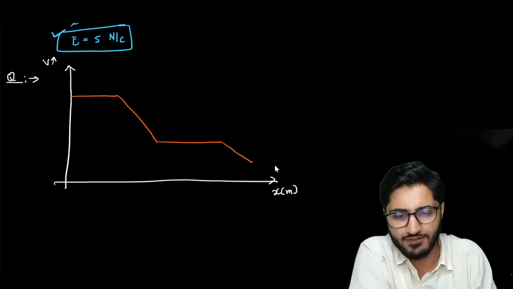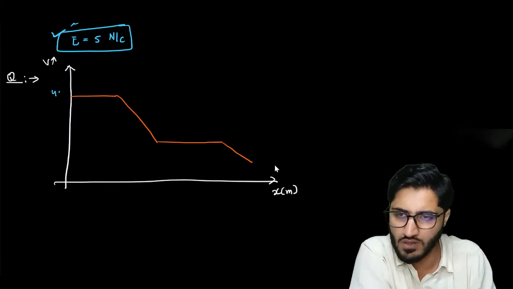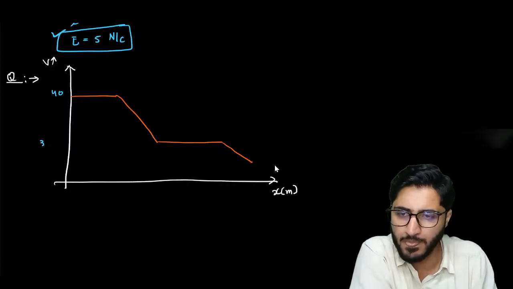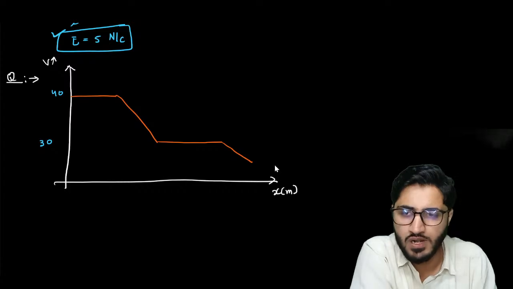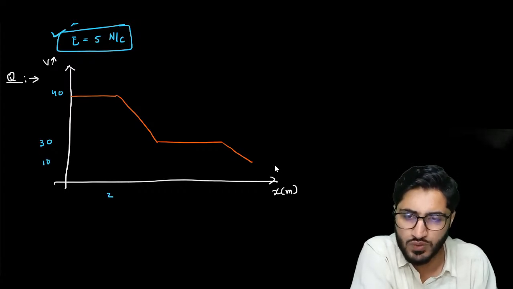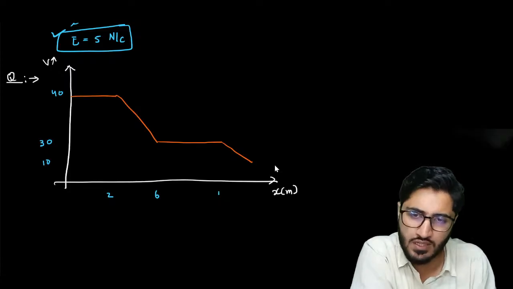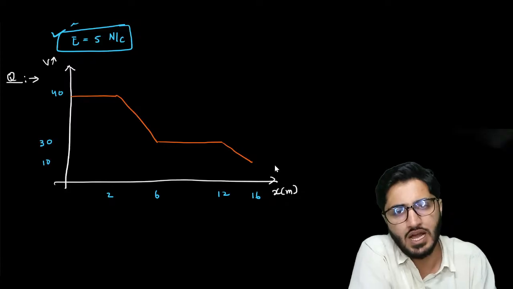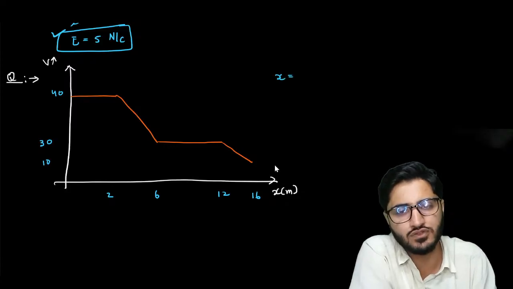This one is my graph. Okay, 40, 30, 10, 2, 6, 12, 16. I have to find out at x equals to 15.